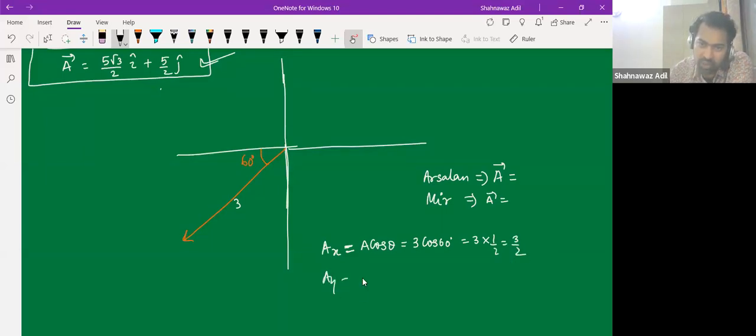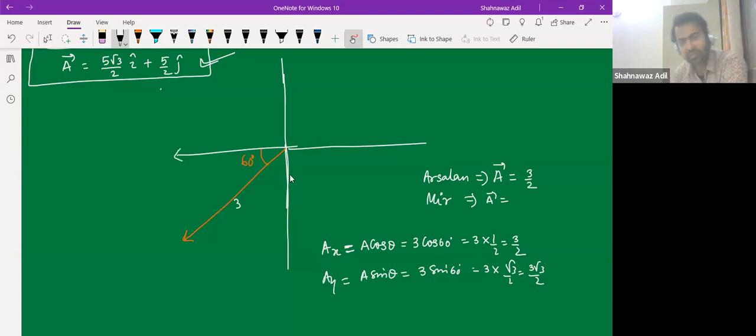Y component is A sine theta, right? So 3 sine of 60, so 3 into root 3 by 2. So 3 root 3 by 2, right? Yes, sir. So this vector I can write as 3 by 2, but in which direction? What is the direction? The negative.